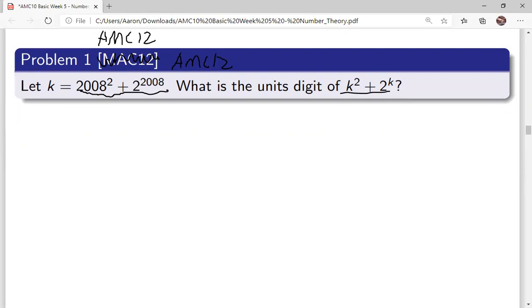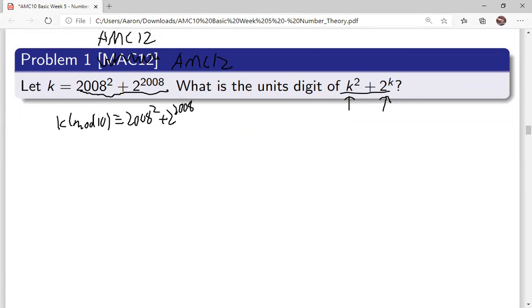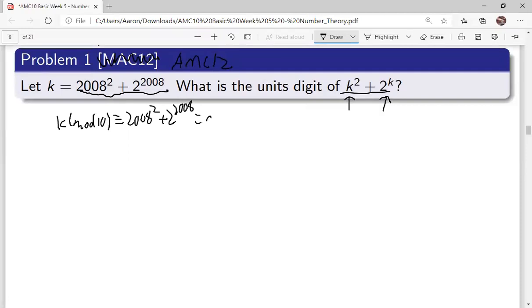We can split this into finding the unit digit of k squared and the unit digit of 2 to the k. First we can do the k squared. So k mod 10 is congruent to 2008 squared plus 2 to the 2008, and this is 8 squared.